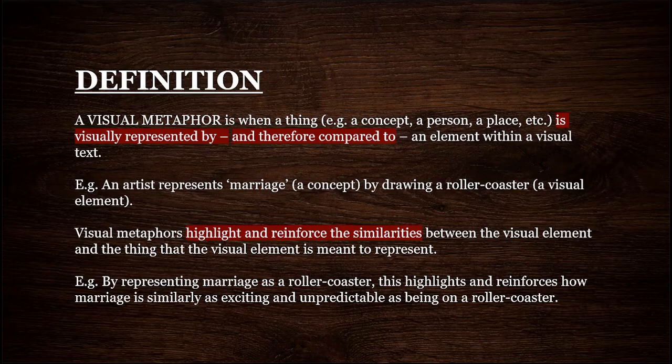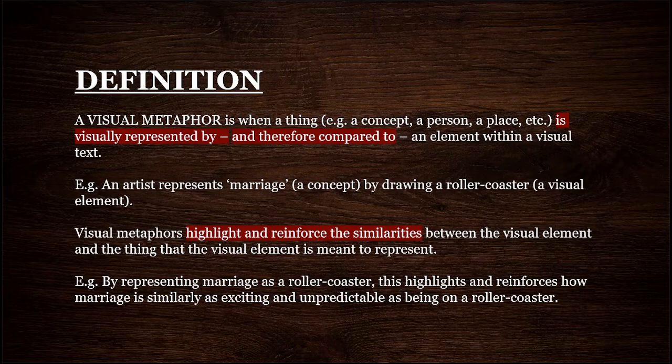Okay, so I'm going to assume that you have paused the video and read the definition. So let's go through it together now. When it comes to a visual metaphor, it is when a thing such as a concept, a person, or a place is visually represented by, and therefore compared to, an element within a visual text.